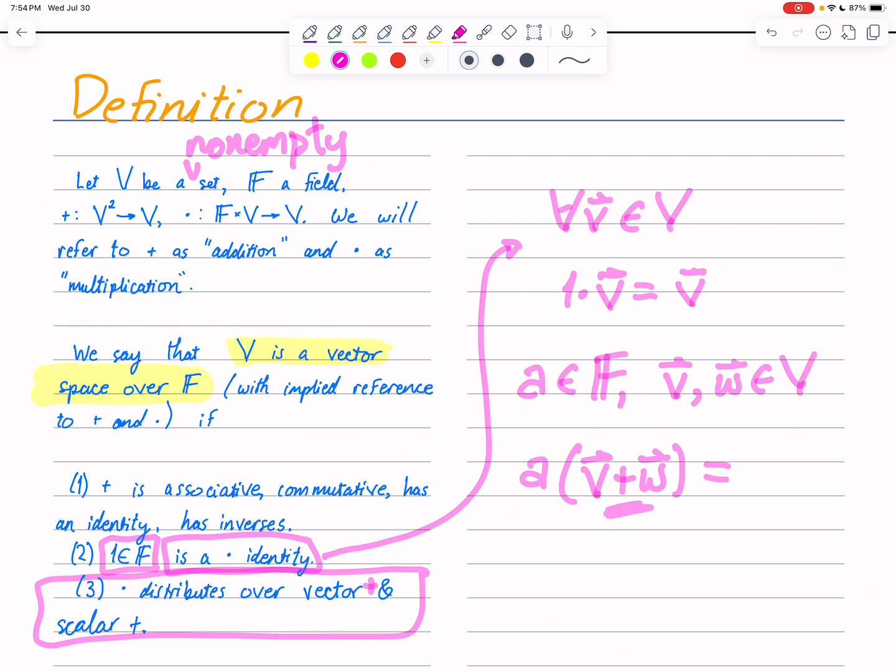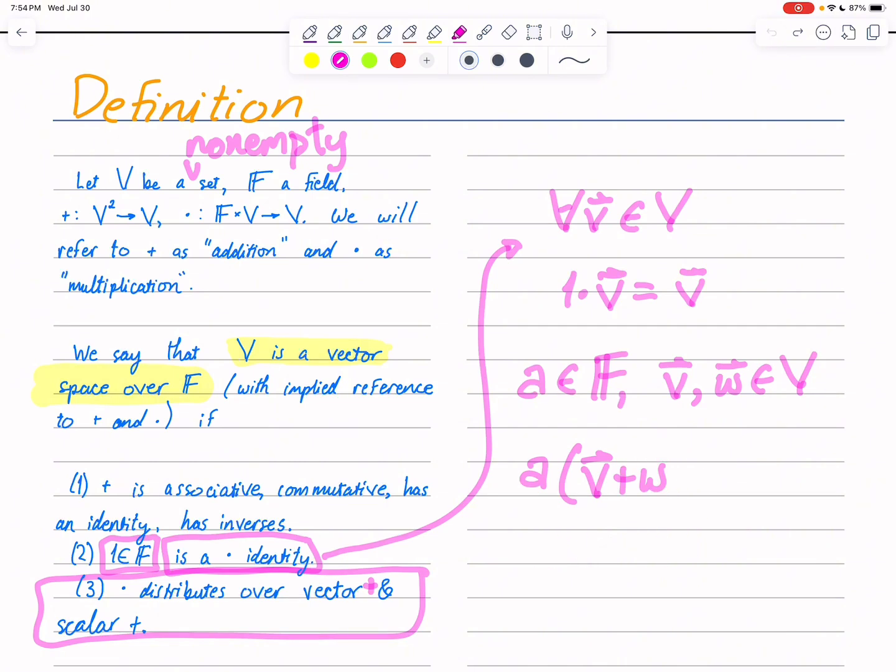That means we get AV plus AW. That's scalar multiplication. By the way, sometimes we write the multiplication symbol, sometimes we drop it, just out of laziness. If things are concatenated together, that means multiplication. But in any case, that is distribution over vector plus.